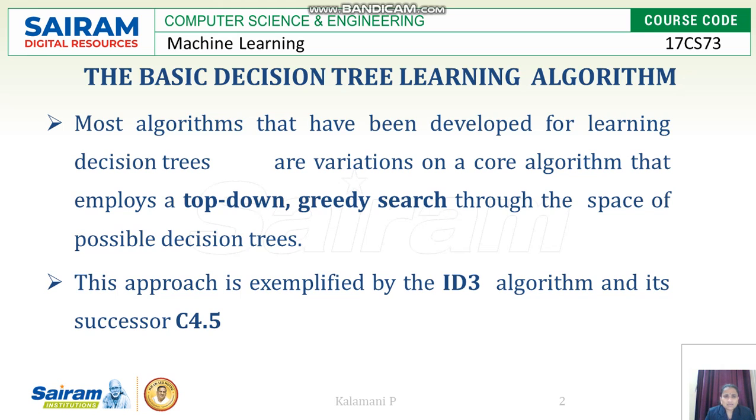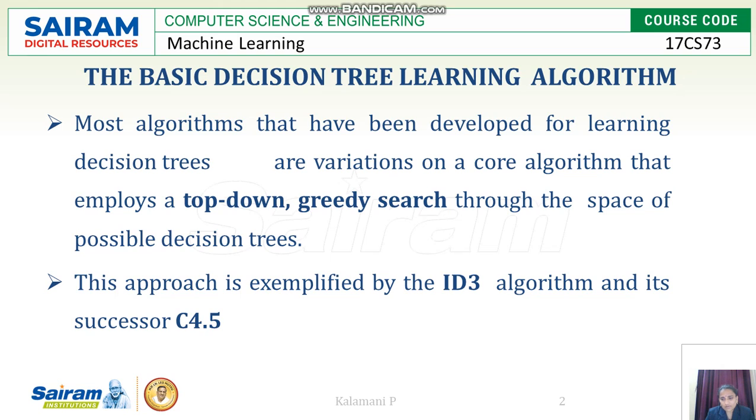Here, the basic decision tree learning algorithms have been developed as variations on a core algorithm that employs a top-down approach. Already we have discussed this in the previous class. The top-down approach is used, that is, it starts from the root and moves towards the leaf node. It is used along with a greedy search method.